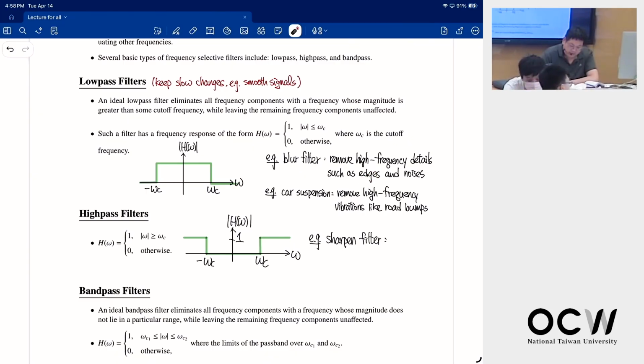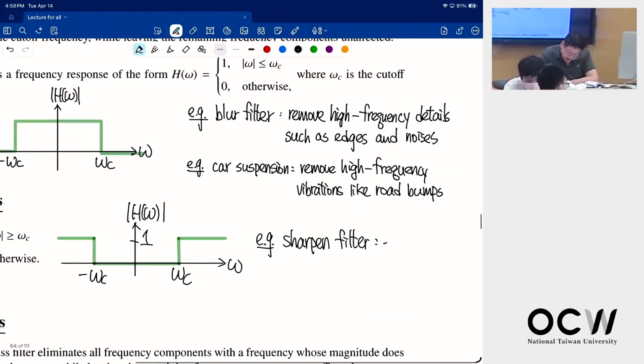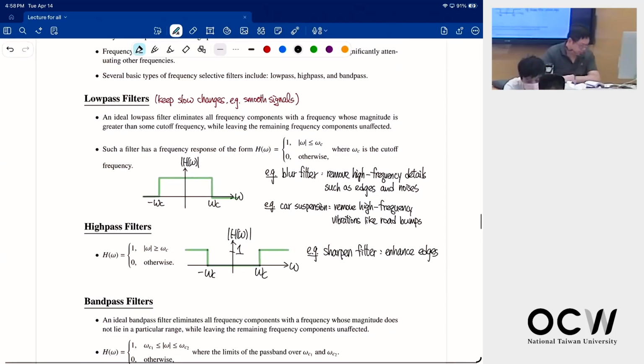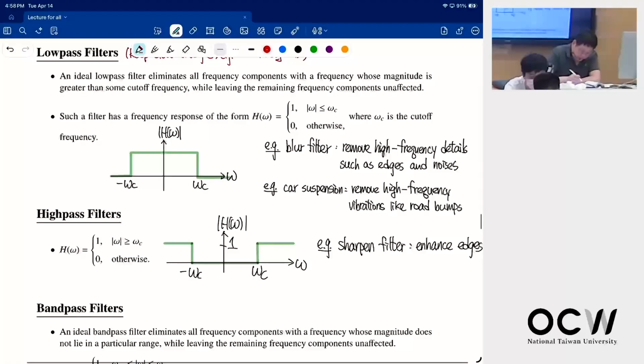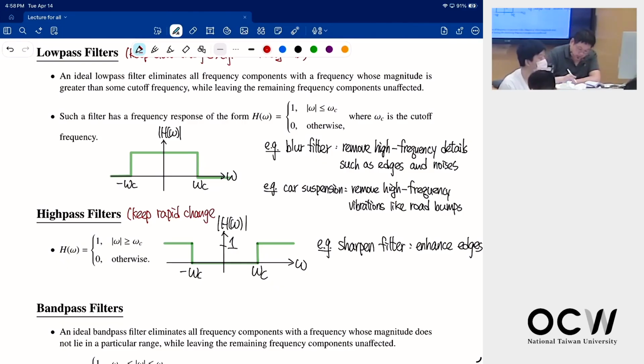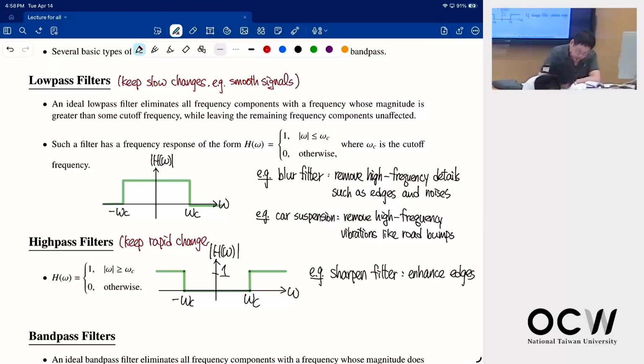But the other way around, for the sharpen filter, I want to enhance edges. So for the high pass filter, I want to keep the rapid change, like the sharp sound.